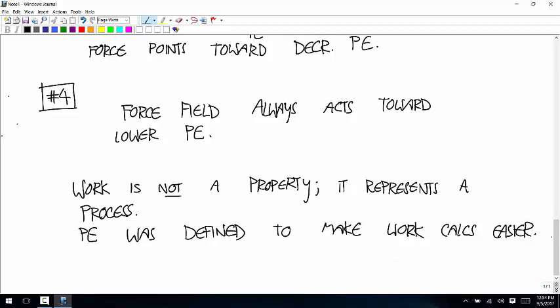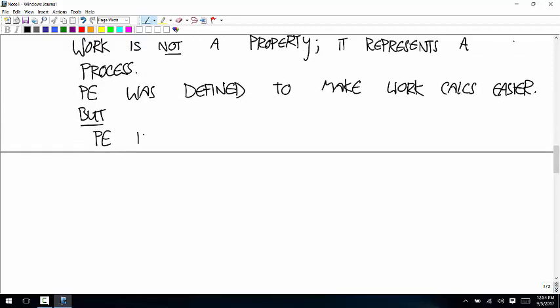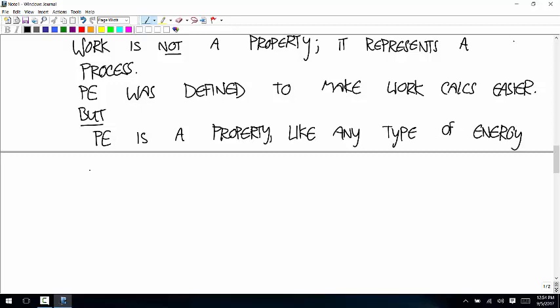And so, what about potential energy? Does that have to do with a process, or is that a property? Well, potential energy is still a property, like any type of energy. Work is negative change in potential energy, and it's that change in potential energy that represents a process.